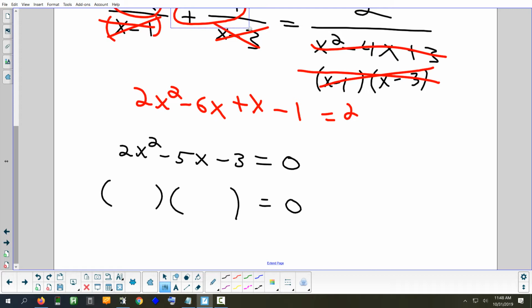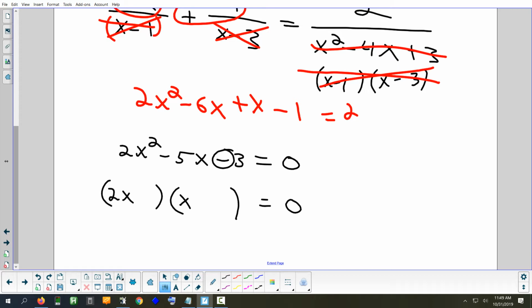What's going to be my first term in each set of parentheses? X and 2x. What about my signs? Both positive, both negative, one of each? Both negative. If they're both negative, then a negative times a negative would give me a positive right there. One of each. It does matter if you do negative positive or positive negative.